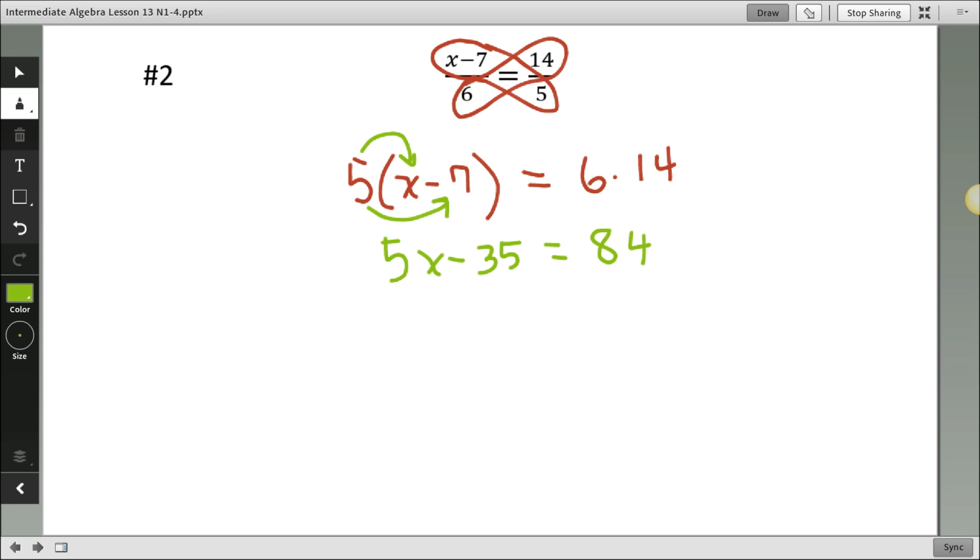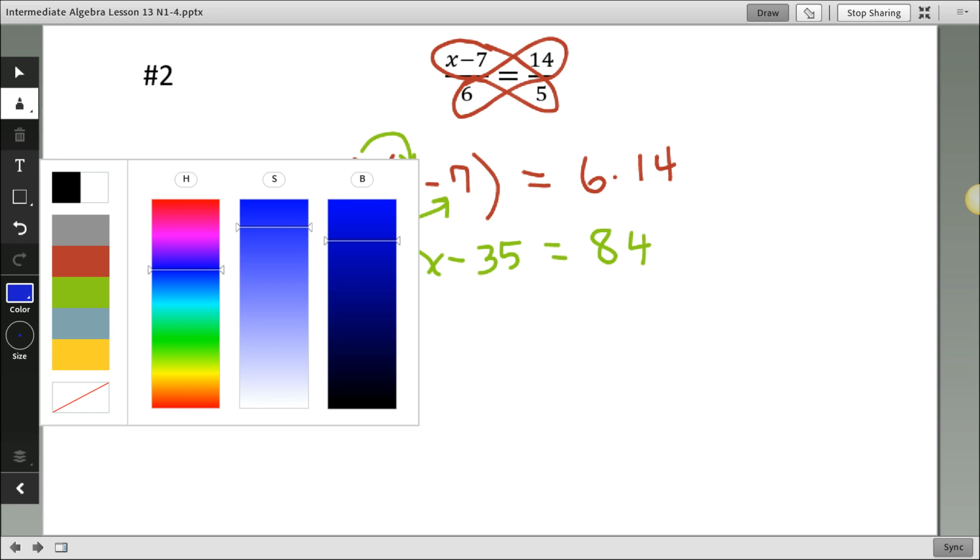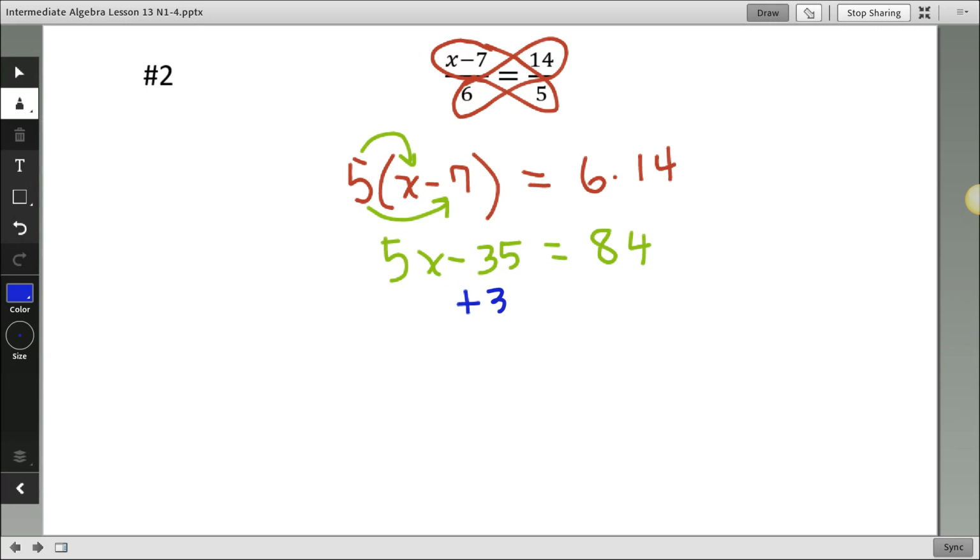And now it just becomes a two-step equation. So we're going to add 35 to each side. And 5x is going to equal 84 plus 35, which is 119.